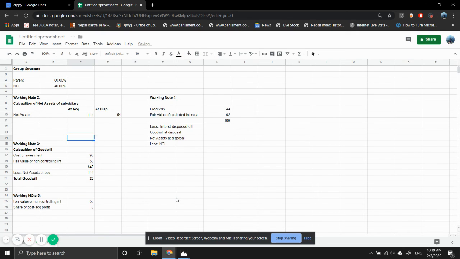Let's say this is post acquisition, this minus this, right? And then total being this plus this. So 66 will be our NCI at disposal, right?